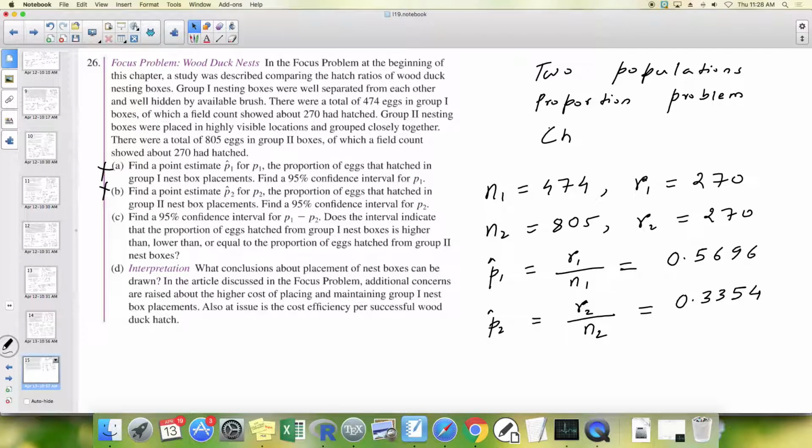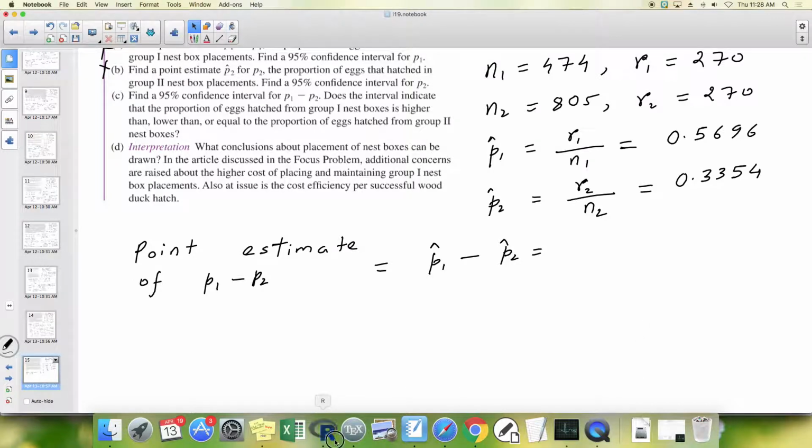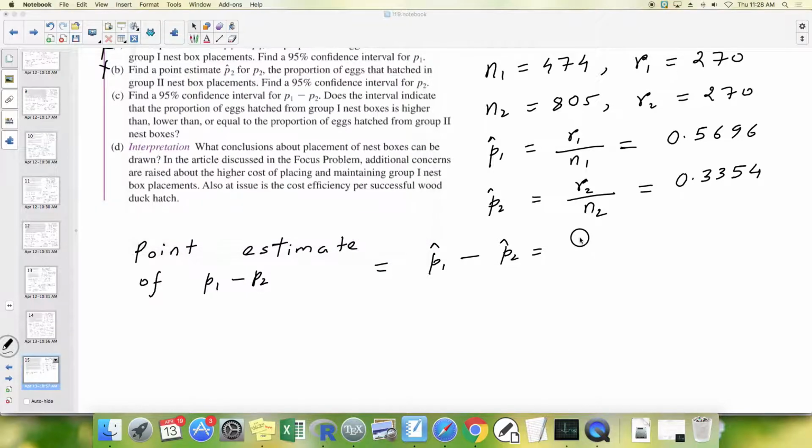So chapter 7. First order of business, point estimate of P1 minus P2, which is P1 hat minus P2 hat, which is 0.5696 minus 0.3354. So 0.2342.